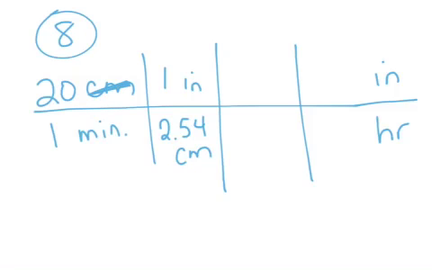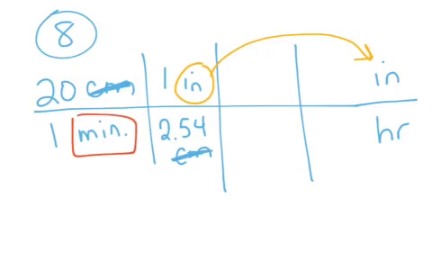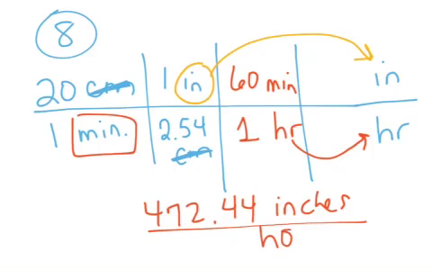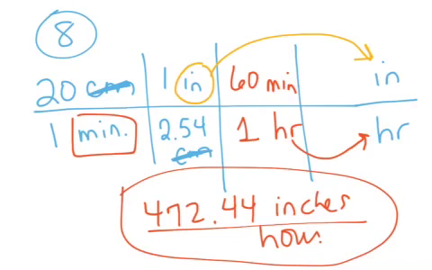So my centimeters cancel. I've got my inch here, so I don't really want my inches to cancel right there. But I do want my minutes. I need this minutes to go away. So that means I have to put some type of minute up here and hour down bottom so that my hour can stay on the bottom. Of course, we know 60 minutes is 1 hour. So our answer is 472.44 inches per hour. All right, I hope that helps.